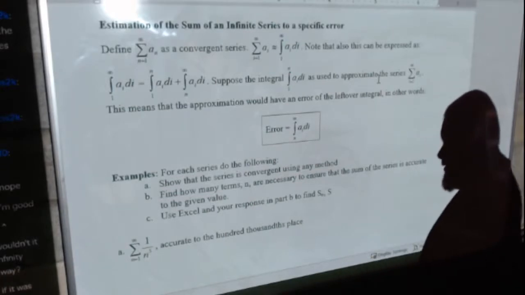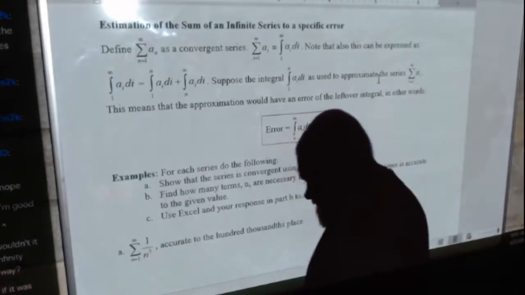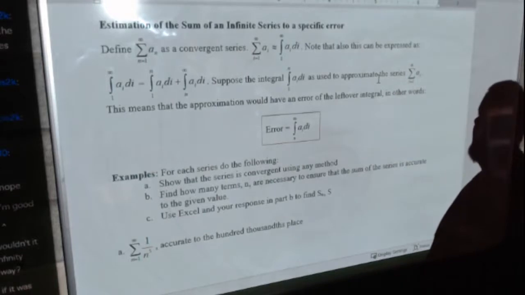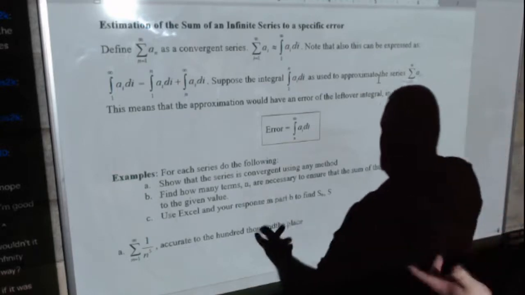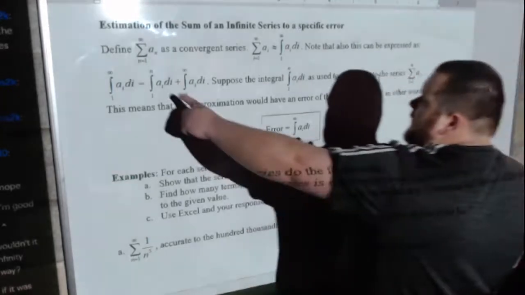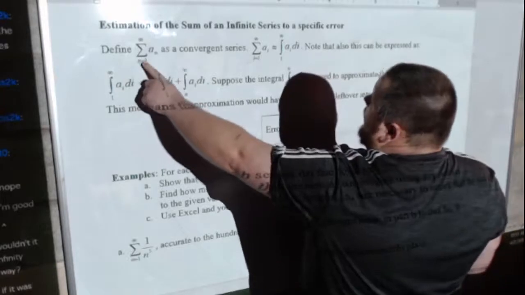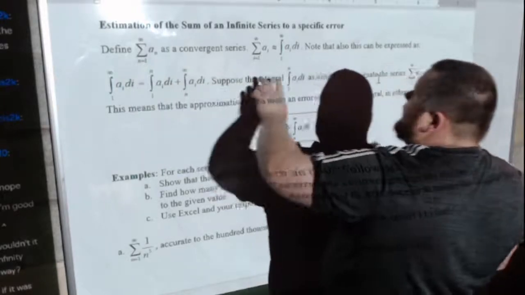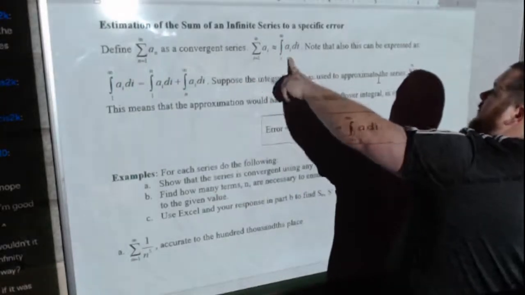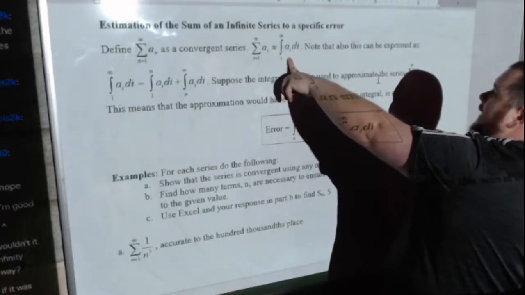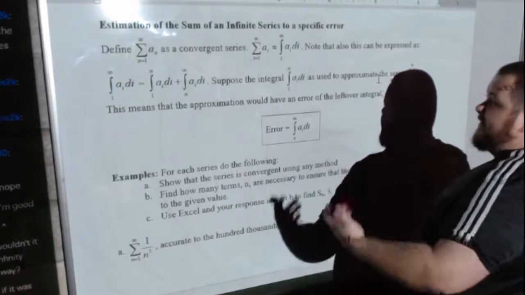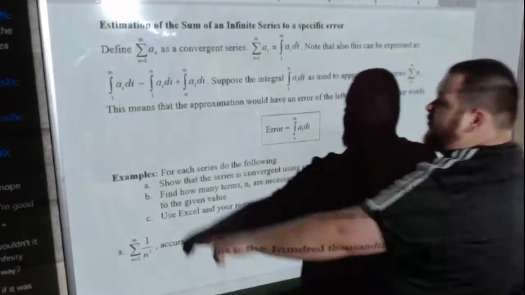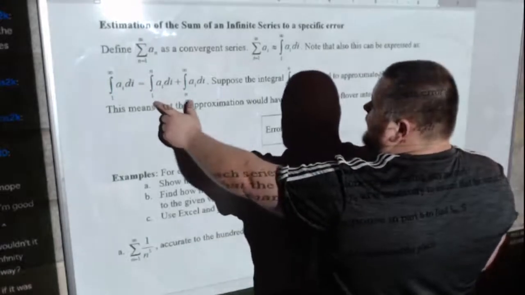So this is asking us to estimate the sum of an infinite series to a specific error. As we just did with the integral before, we could take a summation, an infinite one, and translate it and say it's approximately equal to an integral. And recall that integrals, as long as the function is continuous, can be broken into parts.